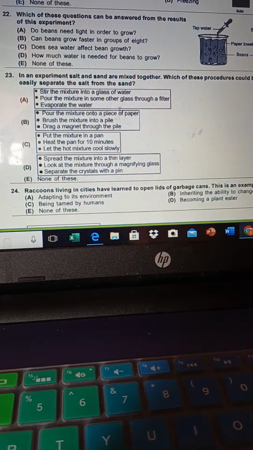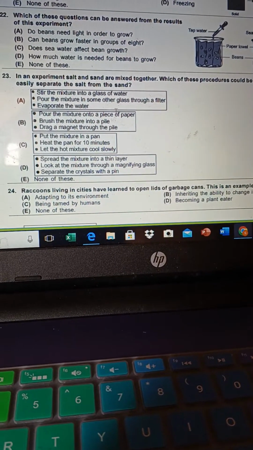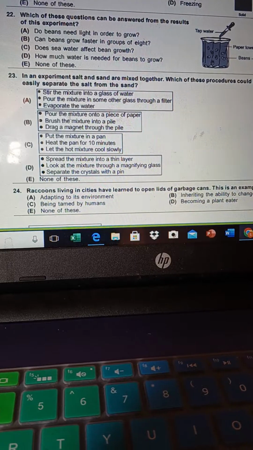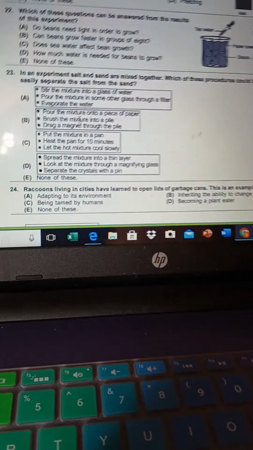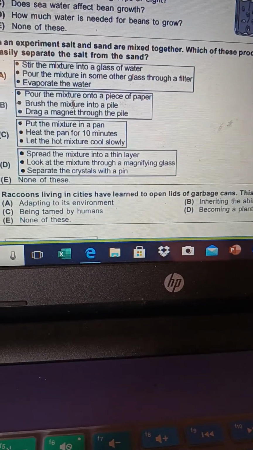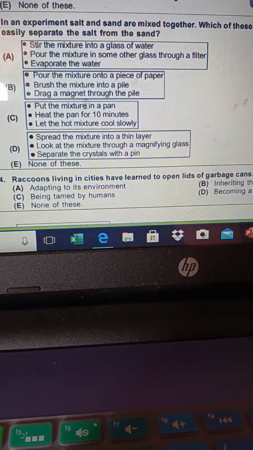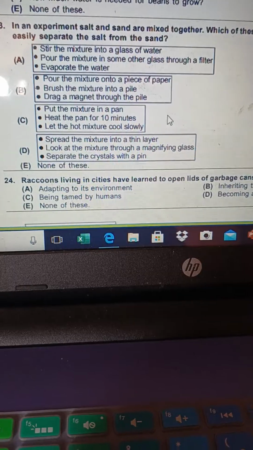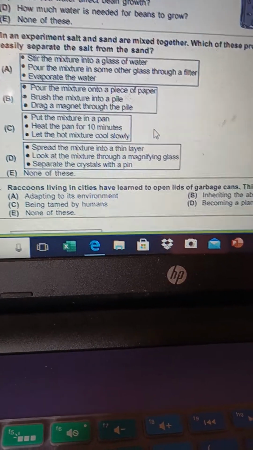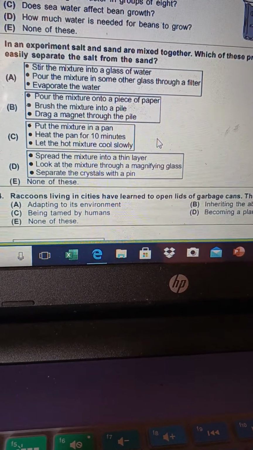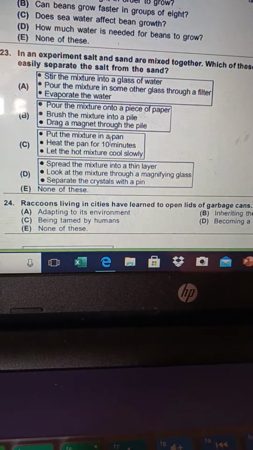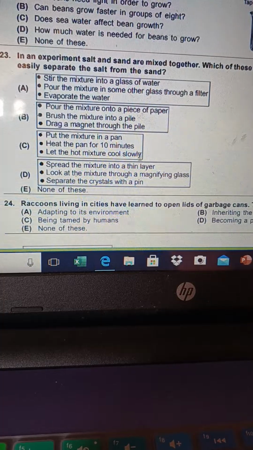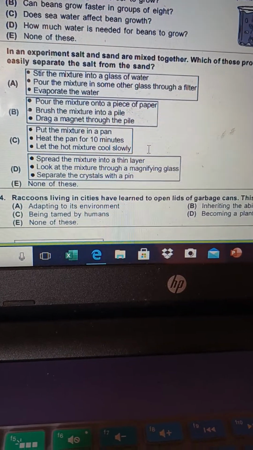This is the correct method because the rest of the methods are not working. See, pour the mixture onto a piece of paper, brush the mixture into a pile, drag a magnet through the pile. Neither the salt nor the sand is magnetic. There is no iron in the mixture, so we can't separate it in that way. We can only separate iron through a magnet.